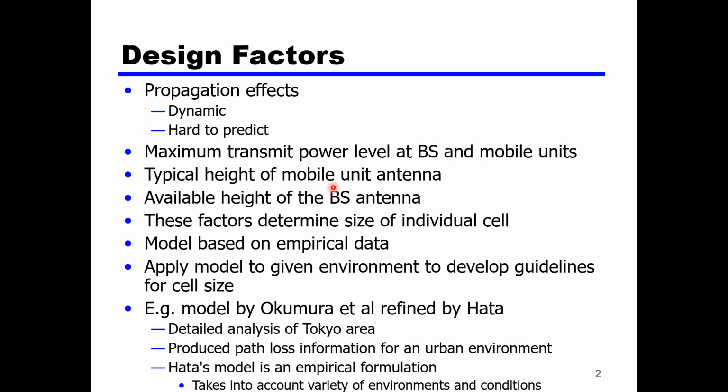Then the typical height of the mobile unit antenna. Sometimes we have seen that in previous days Nokia phones had a monopole antenna that came outside of the handset, like a lambda by 4 monopole antenna.